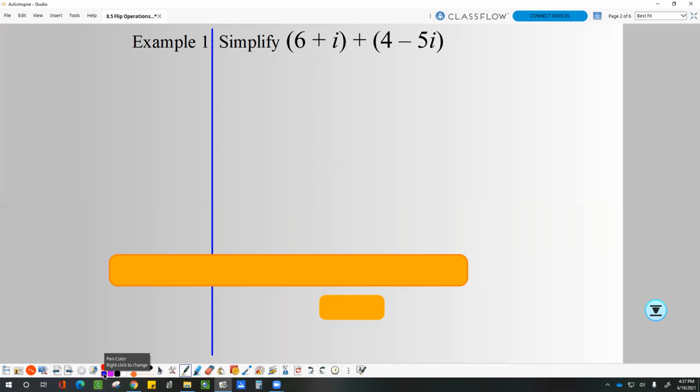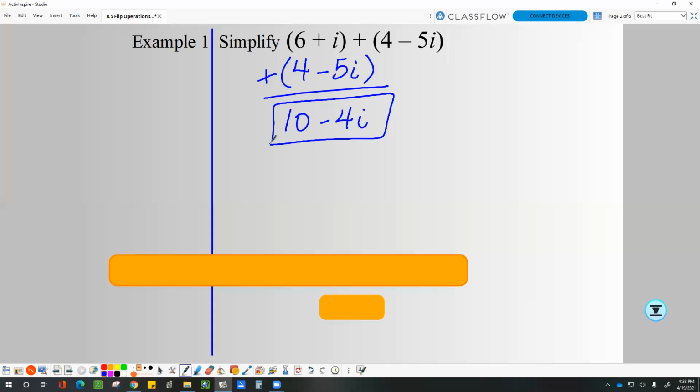So I'm gonna stack these up and add this way: 6 plus 4 is 10. i minus 5i is minus 4i. This is simplified. I don't have degrees for these because I don't have variables. i is not a variable.